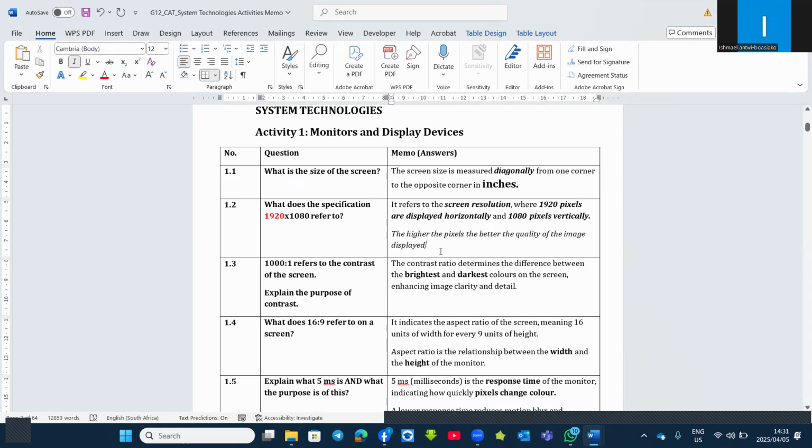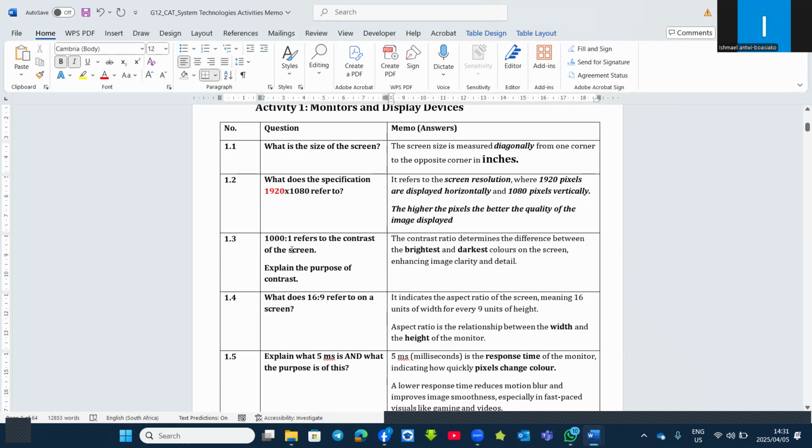If they ask you how resolution affects the quality of the image displayed, the more the number of pixels, the better the quality of the images displayed on the screen.